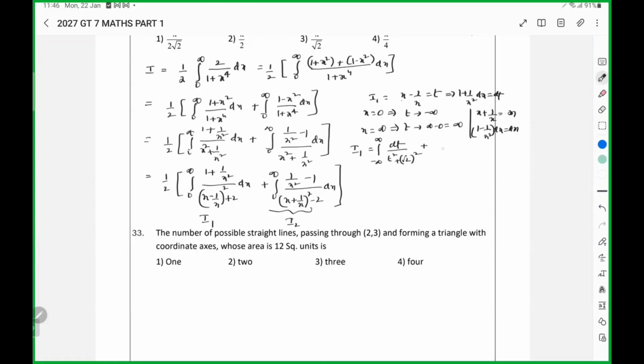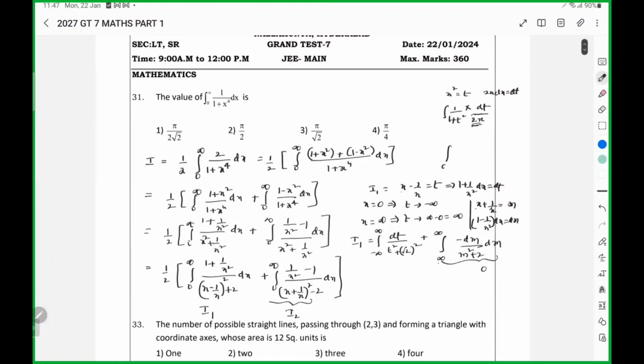Then when x is 0, 0 plus 1 by 0 is infinity, and when x is infinity, it is infinity. This gives minus dm by whatever the function is between the same limits. That is, the integral from a to a of f(x) dx is 0.